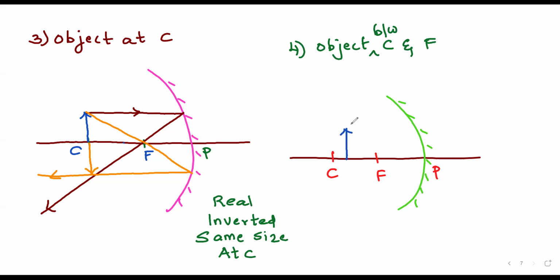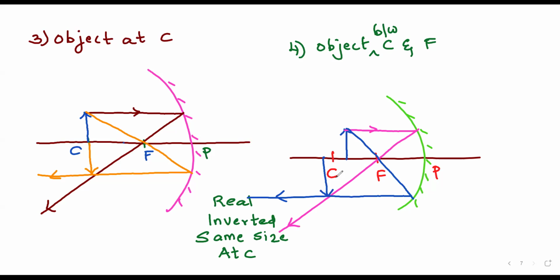What are the rays, children? Parallel rays after reflection will go through C. And the ray which is falling through F will go parallel. So you will see that the image will be formed beyond C. Image is beyond C. Okay. So what are the characteristics, children? It's a real image.